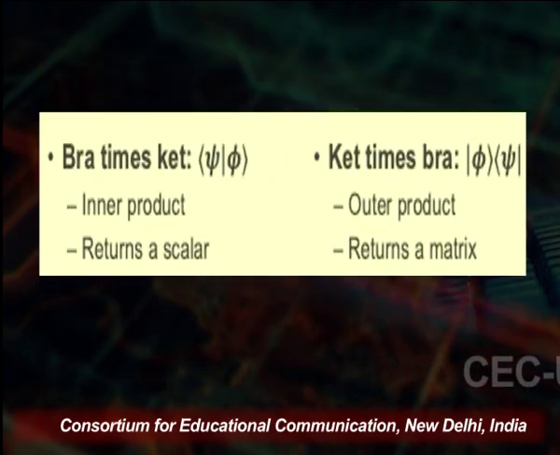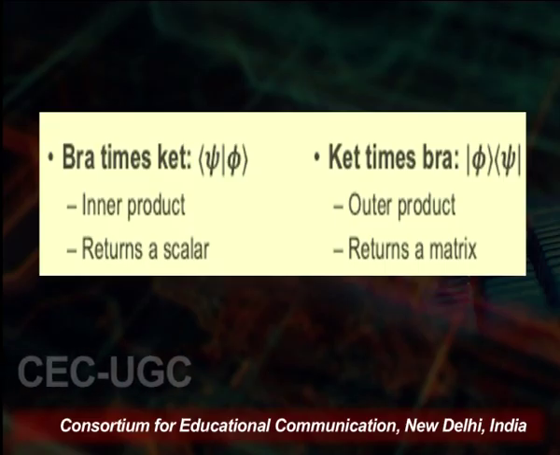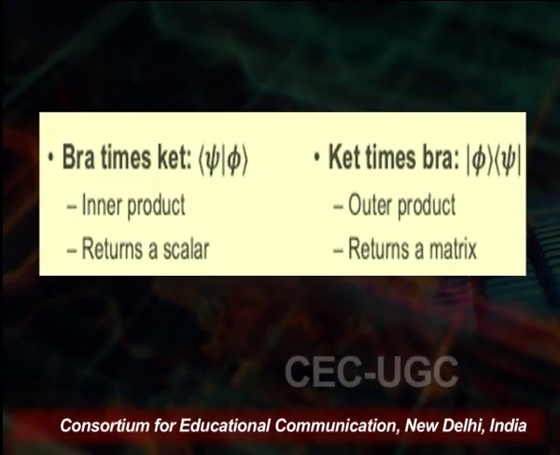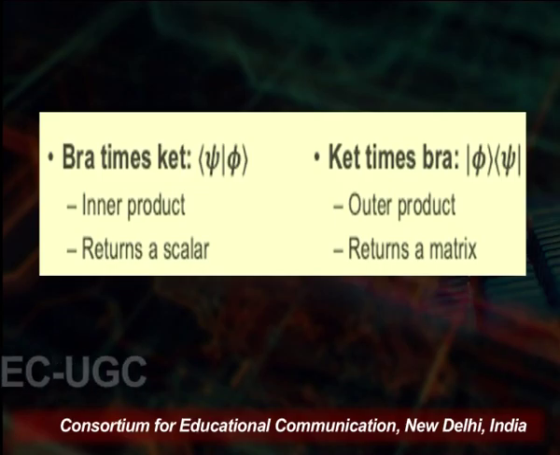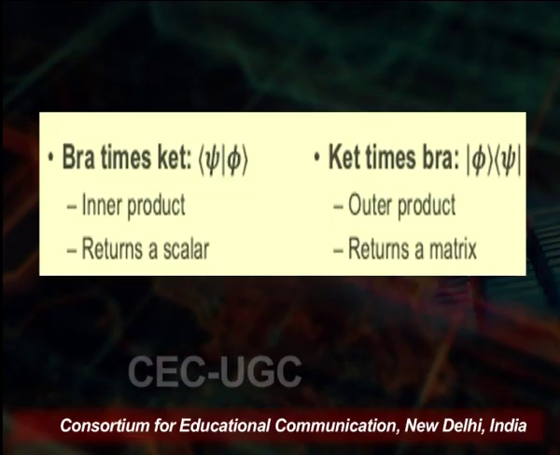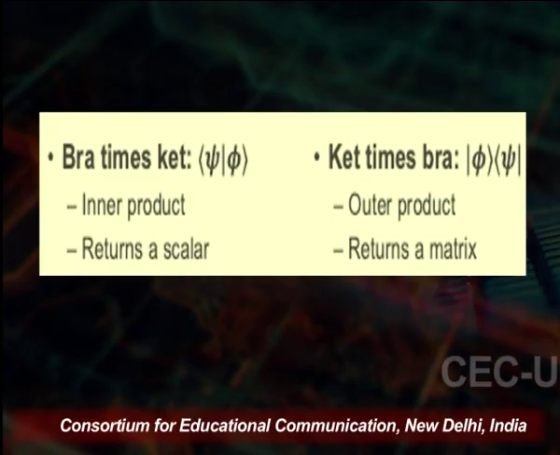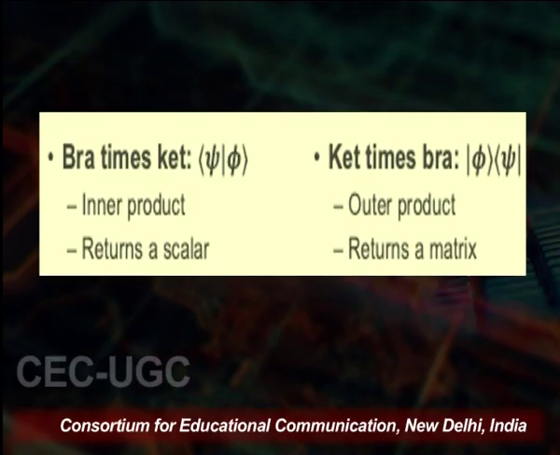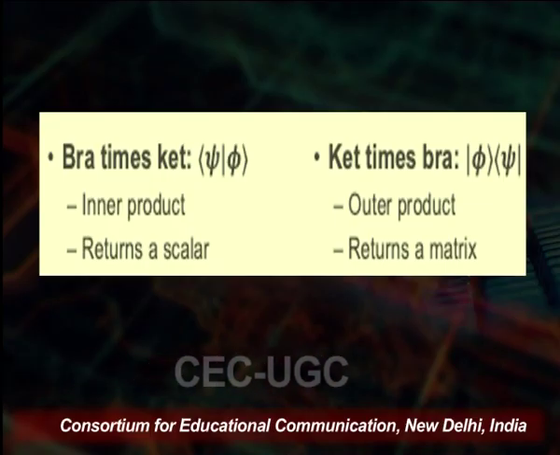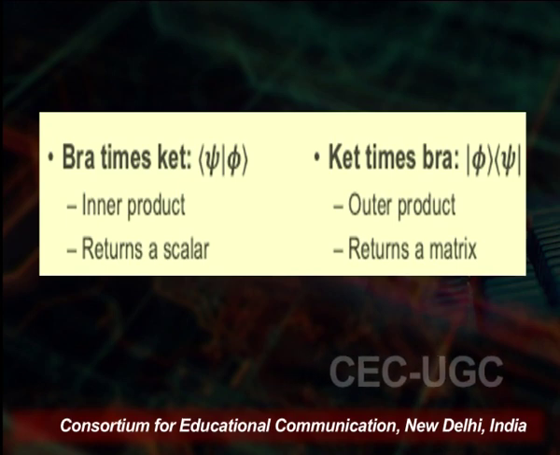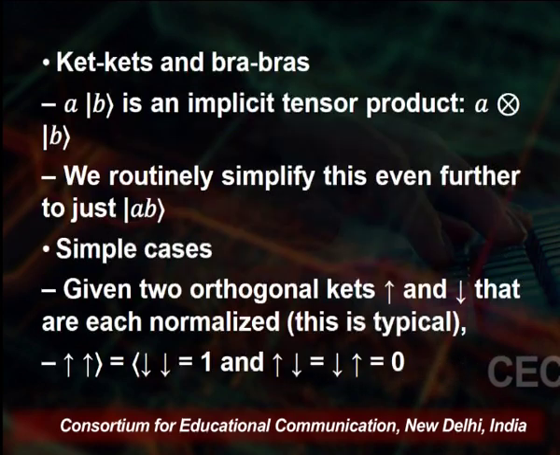So bra times ket, meaning psi into phi, is the inner product, written as a scalar. If we talk about ket times bra, phi psi, that is written with the arrows in between, and it is the outer product, written as a matrix, which we have taken from quantum physics.